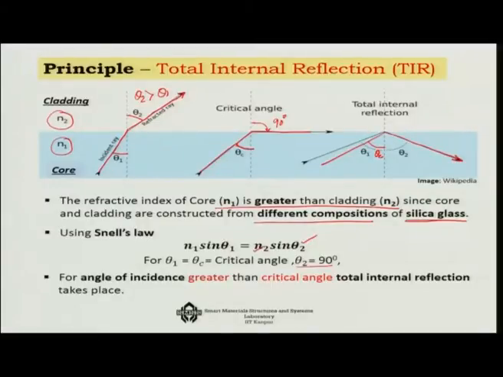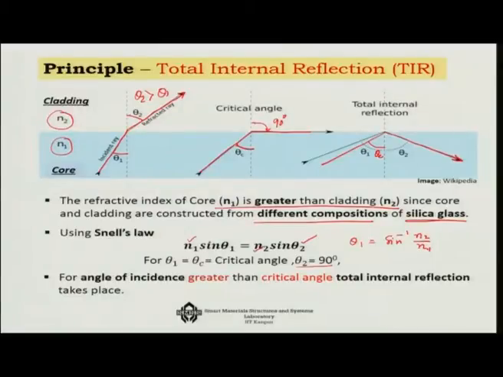Suppose n1 is known to me, then theta 1 will be simply sine inverse of n2 over n1. So, that means you will know at which angle the ray is to be inserted into the optical medium. That is a very important point.